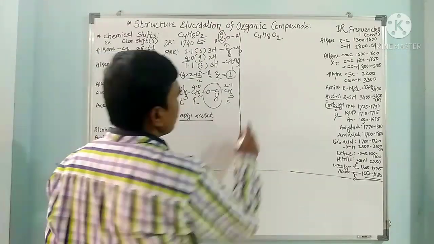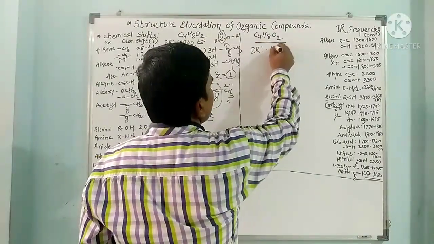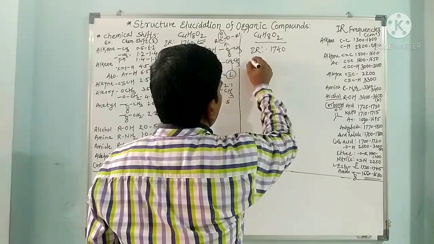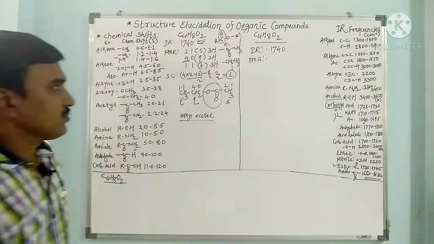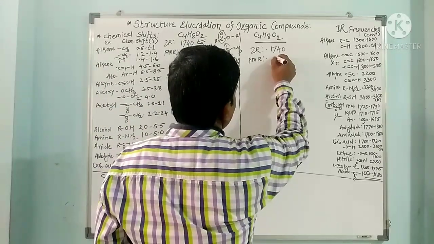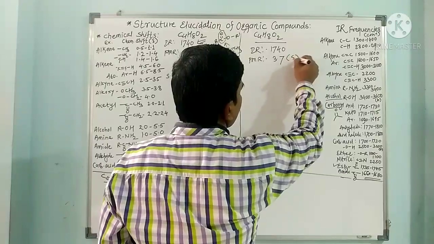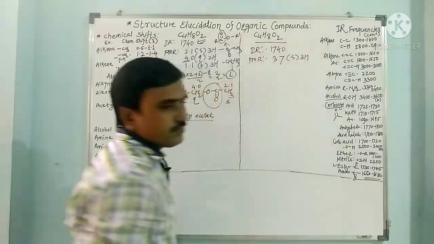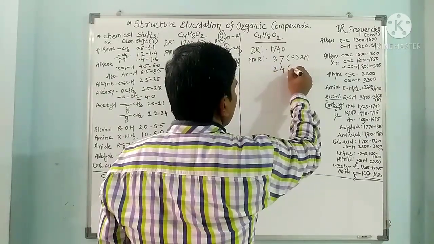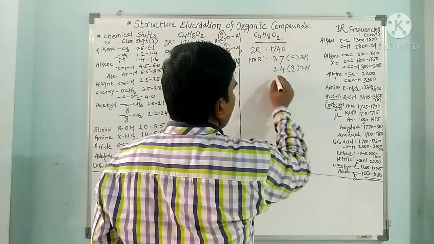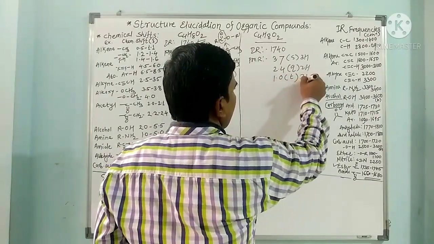Now next we have to see C4H8O2. IR is again 1740. In PMR we are having some different signals. So here at 3.7 we are having a singlet by 3 hydrogens, and at 2.4 we are having a quartet by 2 hydrogens, and at 1.0 a triplet by 3 hydrogens.